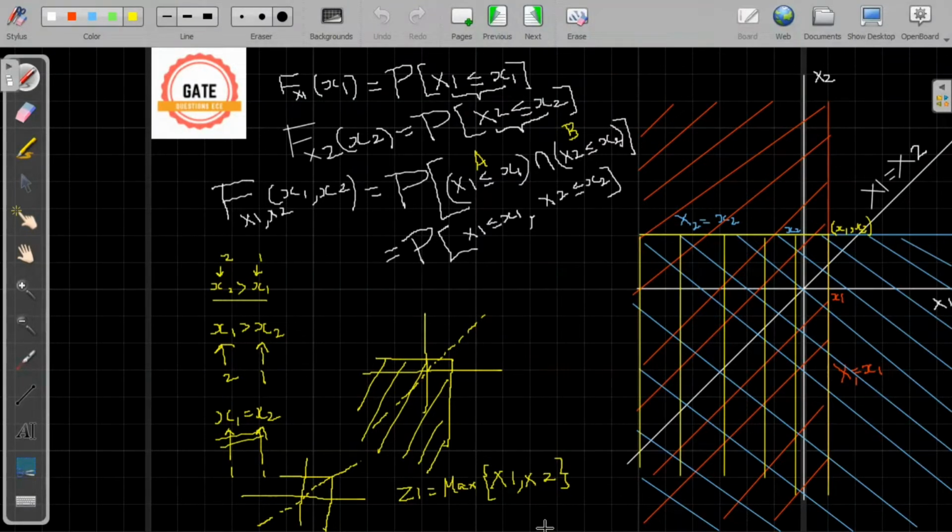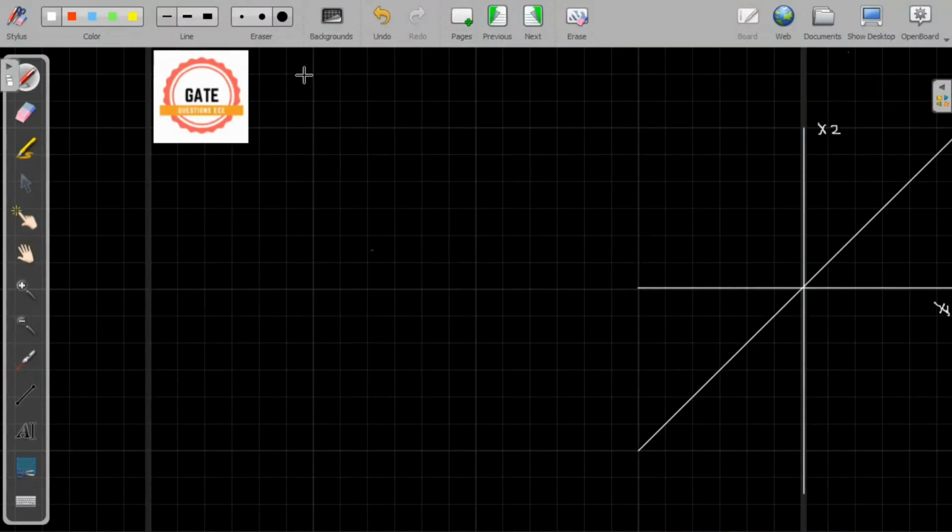So let's see how to calculate the CDF of Z1 equal to max(X1, X2). So Z1 will be equal to the greatest among X1 and X2.